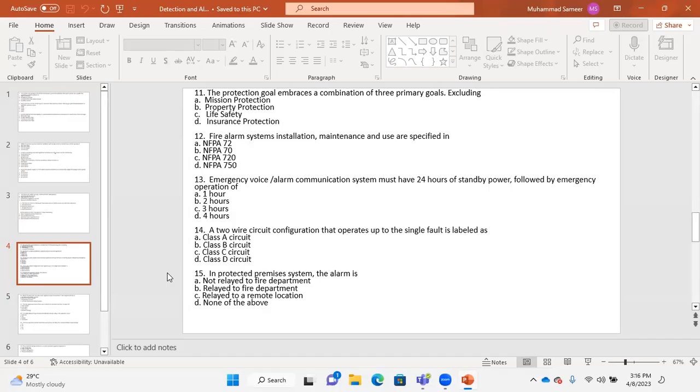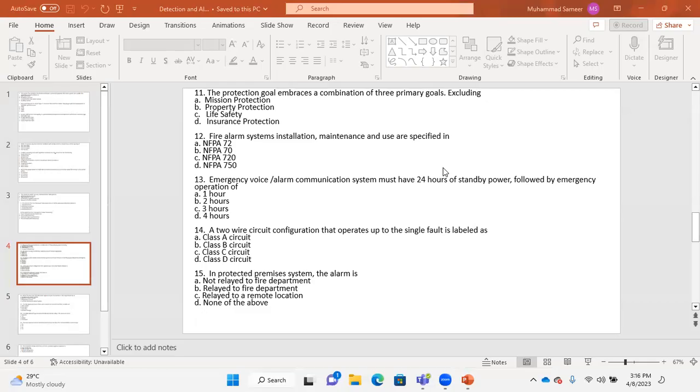Fire alarm system installation, maintenance, and use are specified in NFPA 72, A. Exactly. Emergency voice alarm communication system must have 24 hours of standby power, followed by emergency operation of B, 2 hours. Exactly.